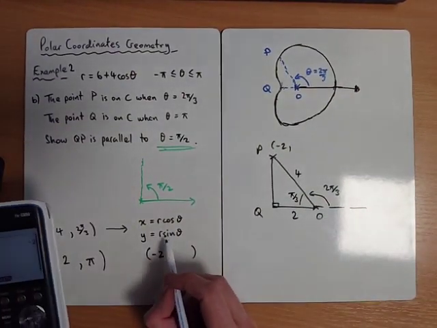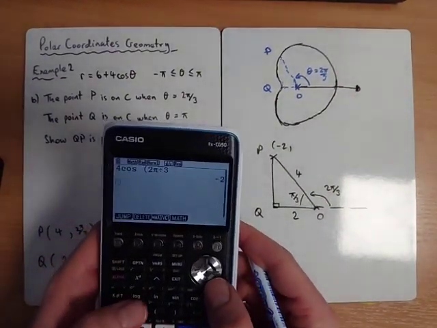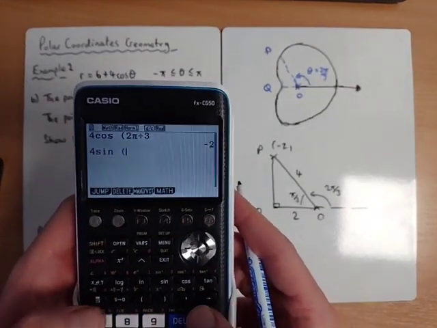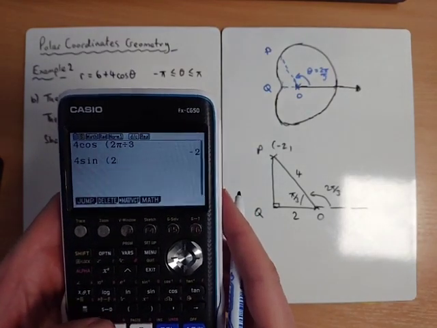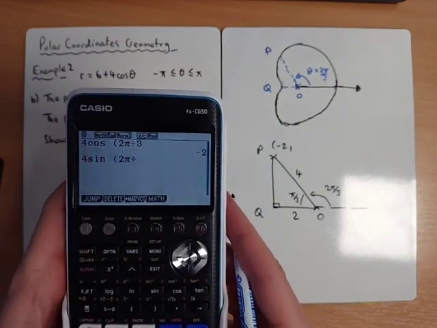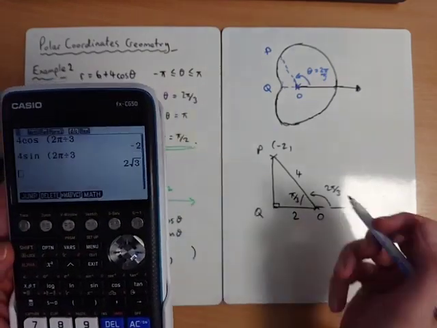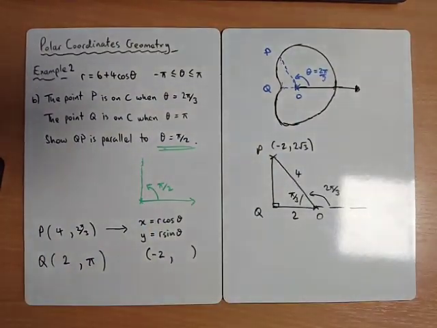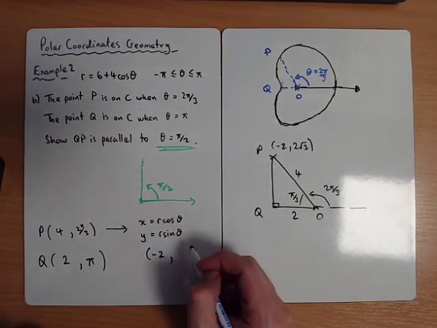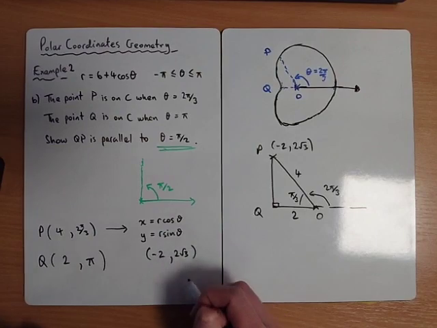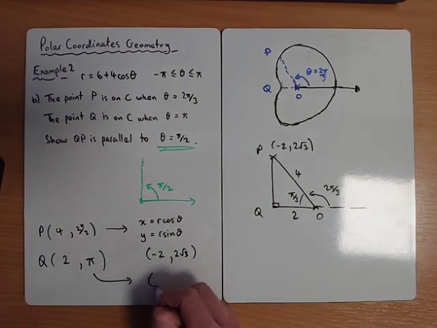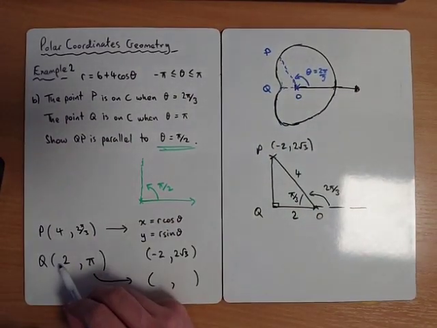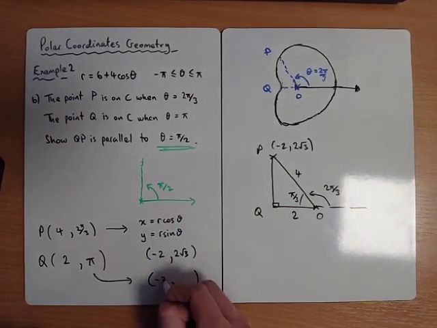The y coordinate is r sine theta. So if we do 4 sine of 2 pi over 3, that gives me 2 root 3. And if we think about what Q is, I can see from my diagram, but we could sub it in. If we do 2 cos of pi, we'd get minus 2.